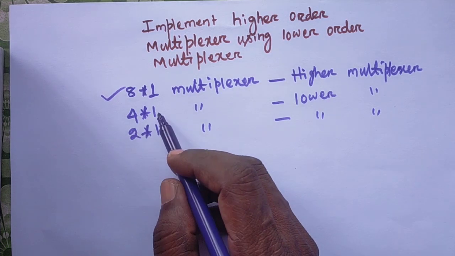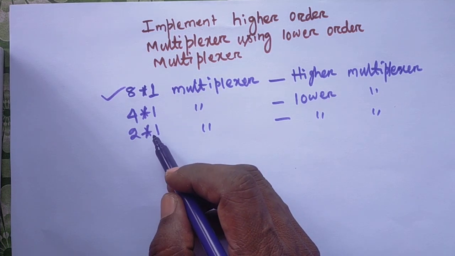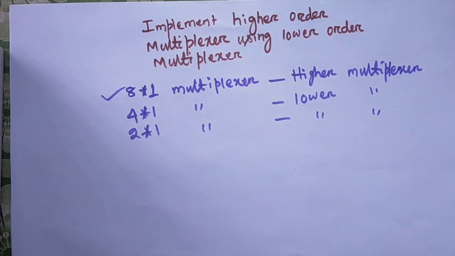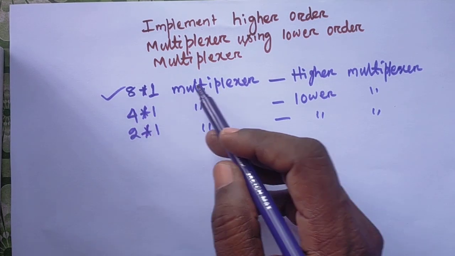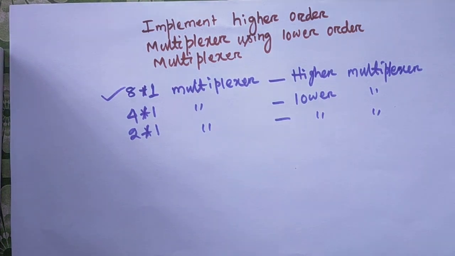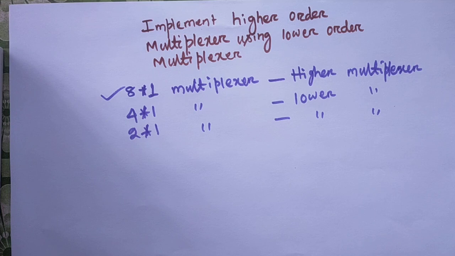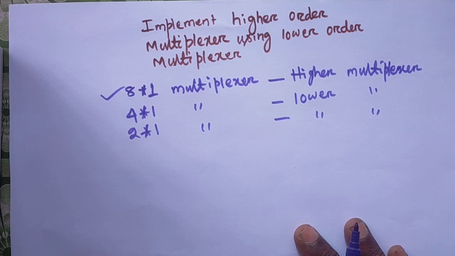the help of 4 into 1 and 2 into 1, these two multiplexers will help to create an 8 to 1 multiplexer. Otherwise we can create an 8 to 1 multiplexer directly, it doesn't matter. But using lower order multiplexers we can also develop an 8 to 1 multiplexer.